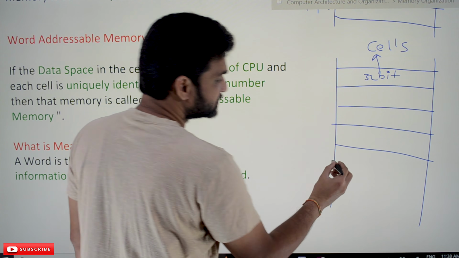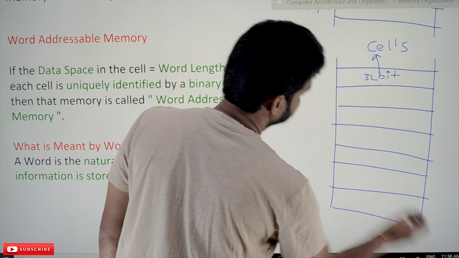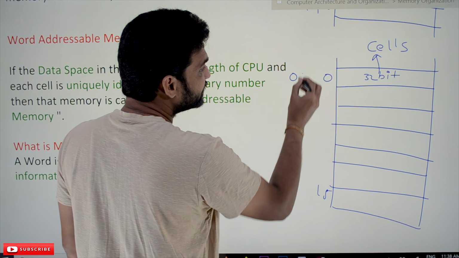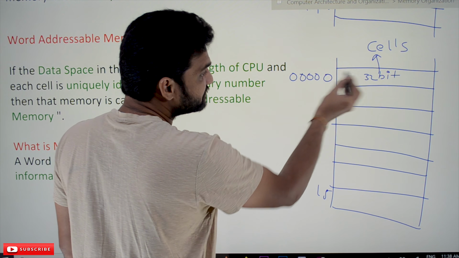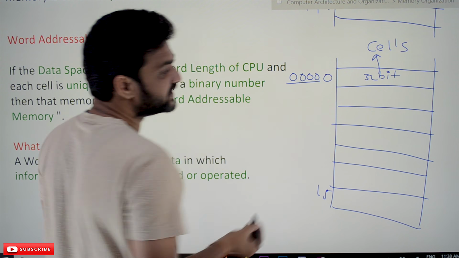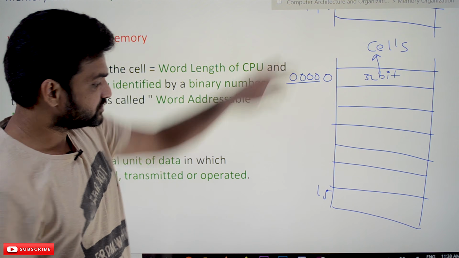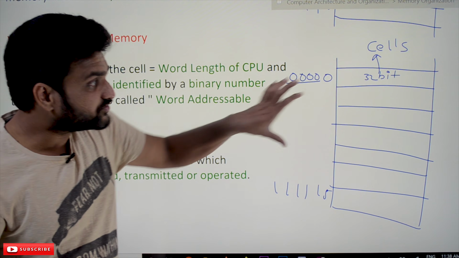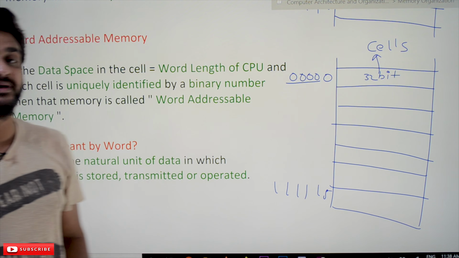If you have 16 cells numbered from 0 to 15, every memory cell can be uniquely identified by a number with 4 bits, 0000 to 1111. So this is what we call word addressable memory.